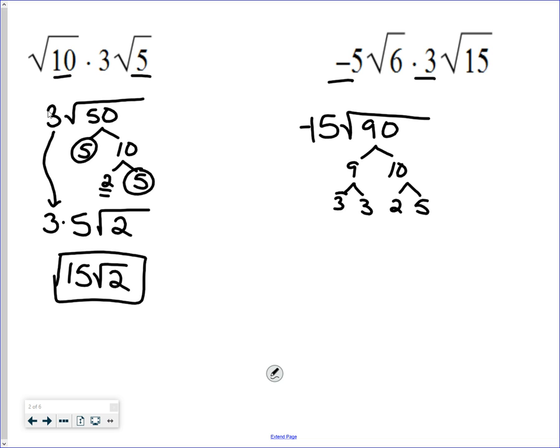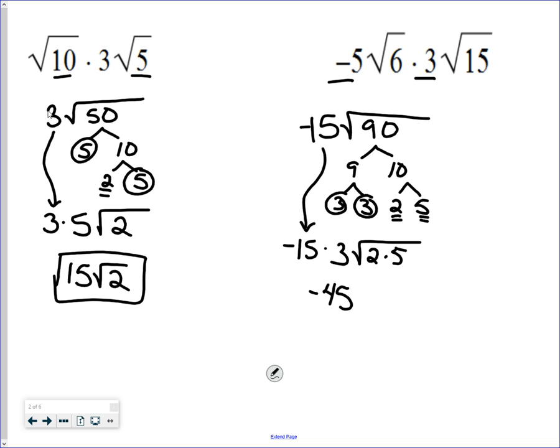Okay, the only match I see is a 3. The 2 and the 5 are left over, and I check up top. Yep, that -15 is out front. Okay? Now, in your calculator, -15 times 3 is -45. And 2 times 5 is 10. Done. Okay, so hopefully you're getting really good at those.